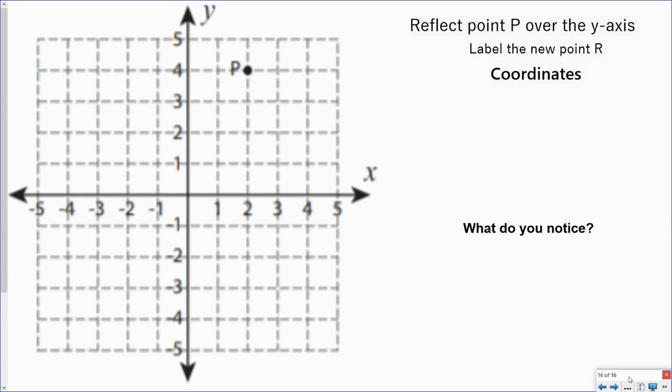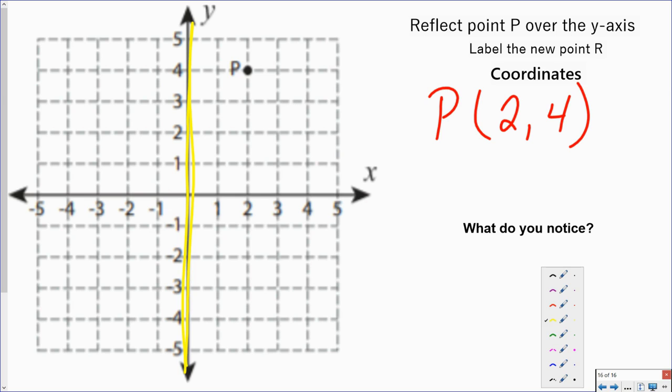So here I want to reflect point P over the y-axis. So first I need to find point P. So P is at 2, 4. And again, I want to reflect it over the y-axis. And again, the y-axis is the one that goes up and down.